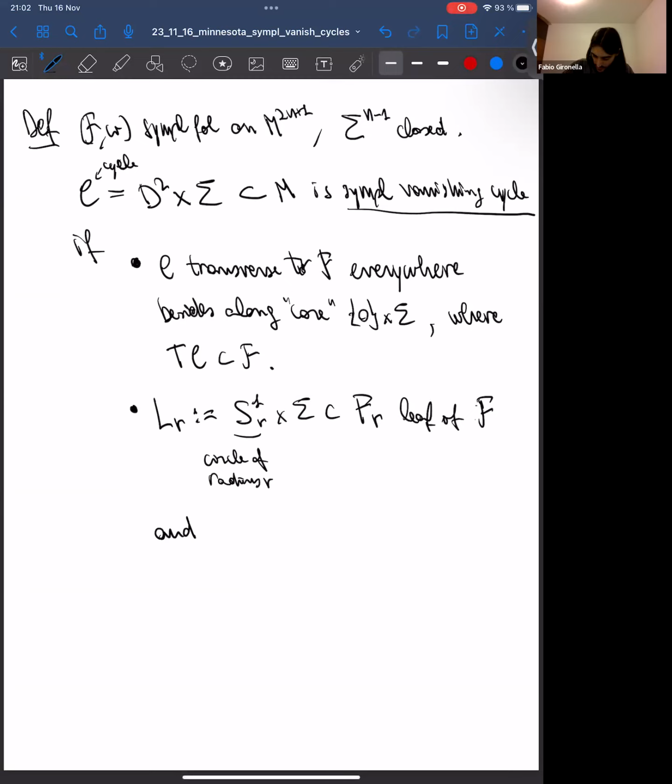This holds for every radius. And we want L_R to be Lagrangian in the leaf, for every R bigger than 0. This makes sense because it is n-dimensional.